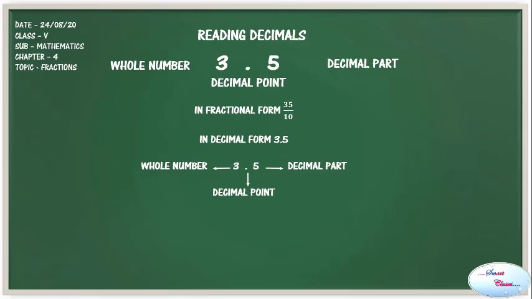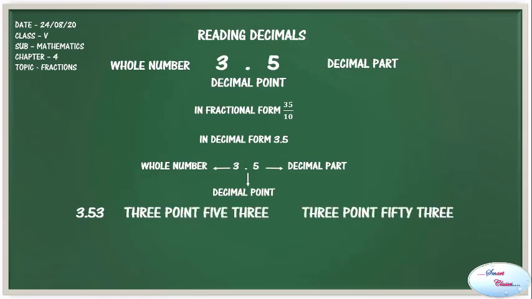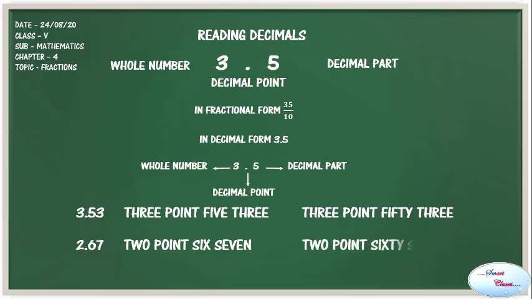If I am having this number, I will read it as 3.53, not like 3.53. For this number, we will read it as 2.67, not like 2.67.